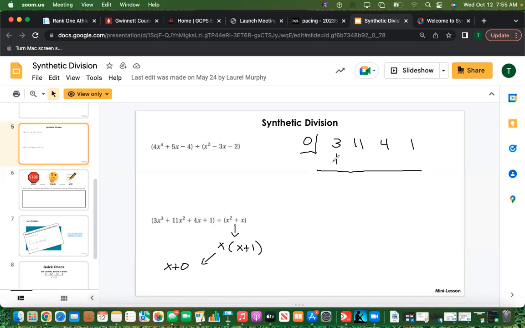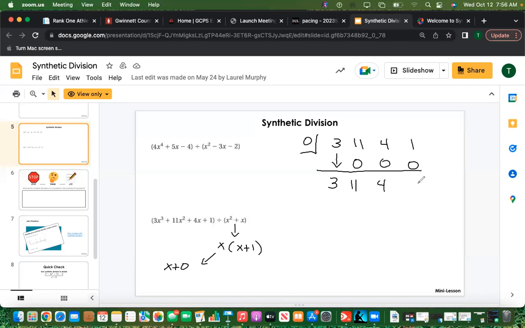So we're going to bring down that first term, multiply. So 0 times 3 is going to give us 0. We're going to add. That's going to give us 11. 0 times 11 is going to give us 0. And then we're going to add. 0 times 4 is going to give us 0.